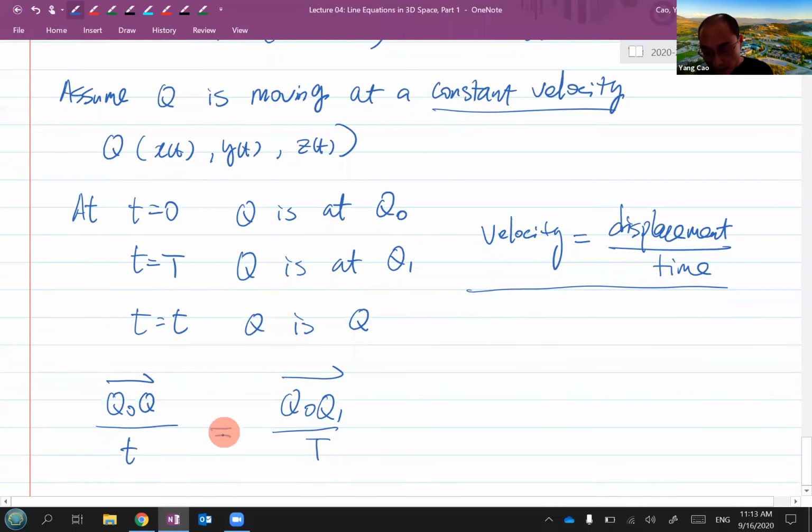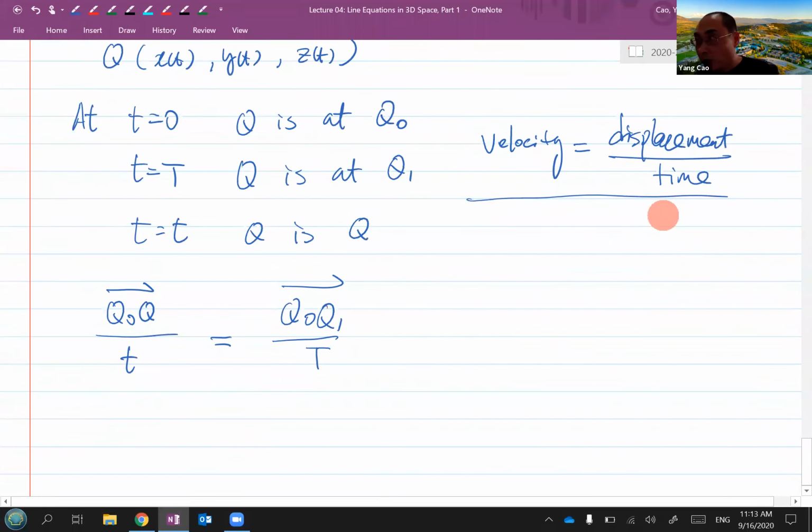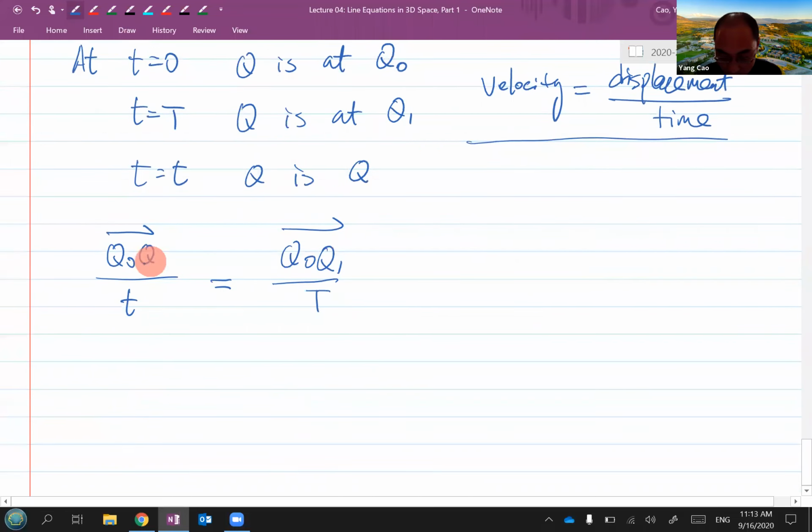So now I've formed a formula. Let's substitute the known conditions and Q into this expression, and I'm going to multiply the small t to the right side.